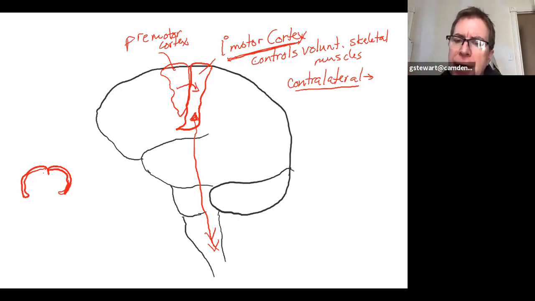Also within this motor area, on the lateral side, but located only on the left hemisphere, it's not on both sides, is an area right here. I'm dotting it because your book does it as well, but it's still red tissue, so it's still part of the motor area. It's called Broca's area. I'll label that.